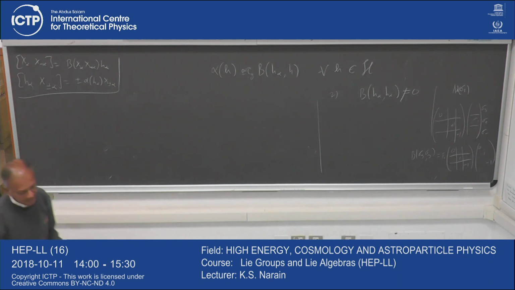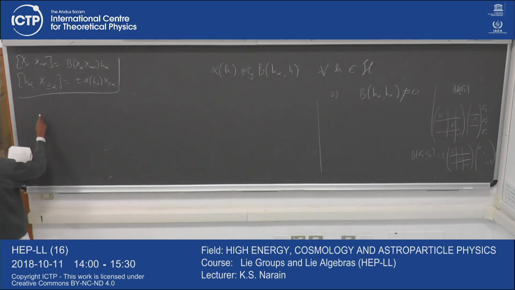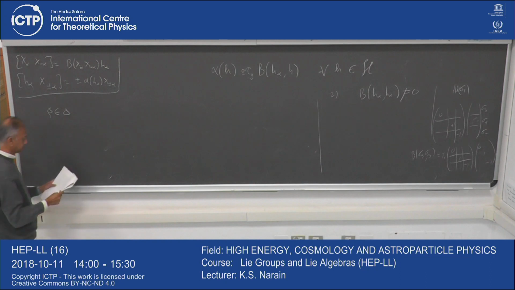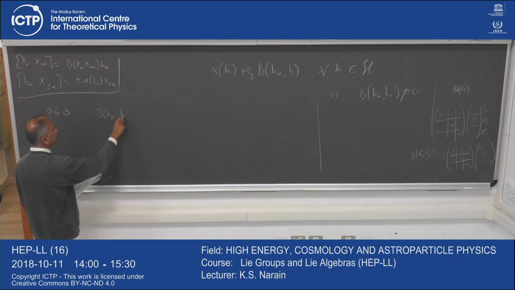This is the basic trick we used last time. The idea was to take some beta belonging to delta such that B of H alpha, H beta is not 0.